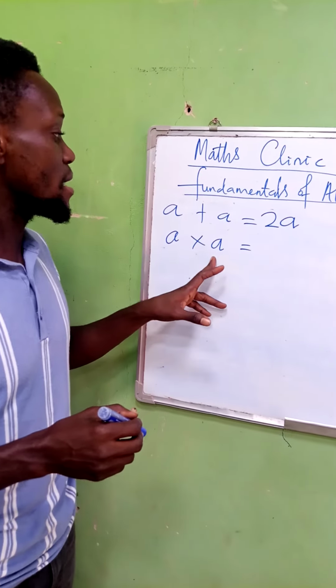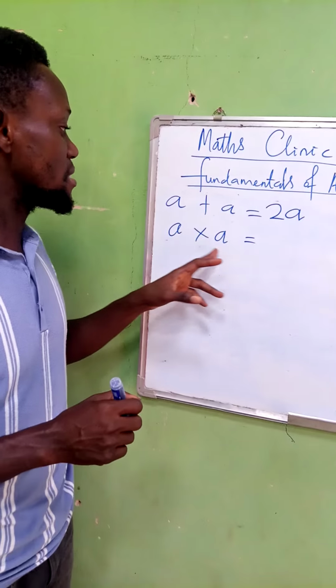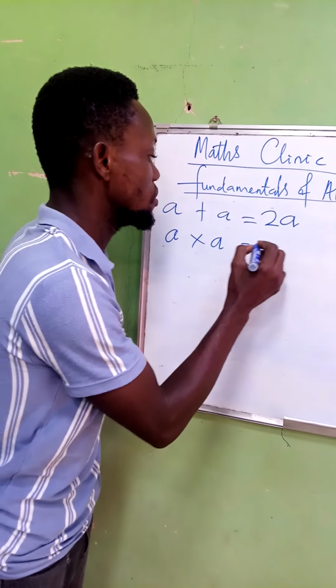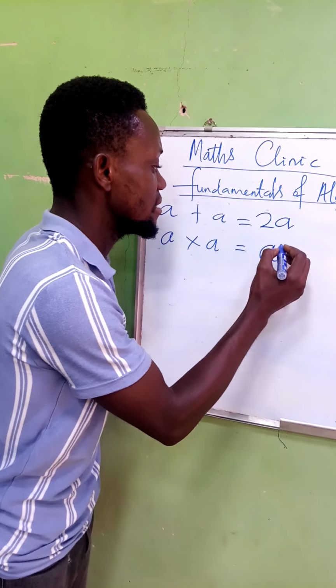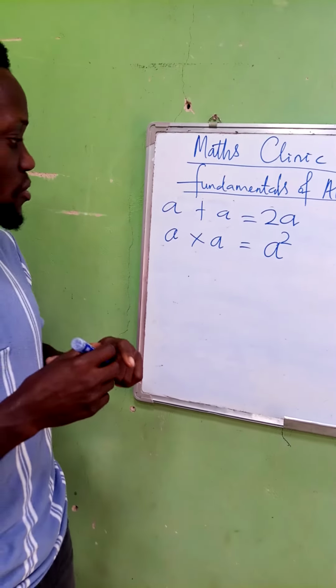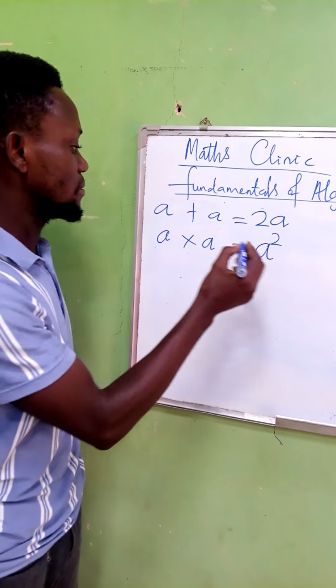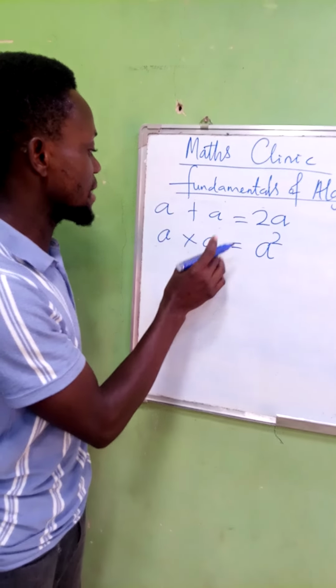Okay? Now, when we have a times a, this is a multiplying another a. A times a will not give you 2a here. A times a will give you a raised to power 2. Now, why is it a raised to power 2? It's like you saying a here times another a here.